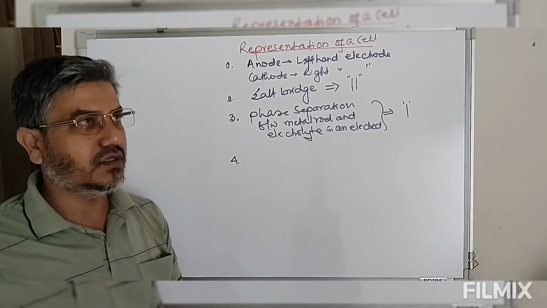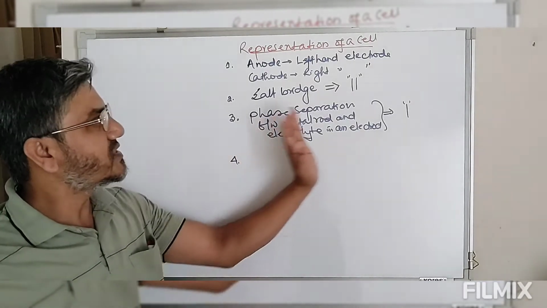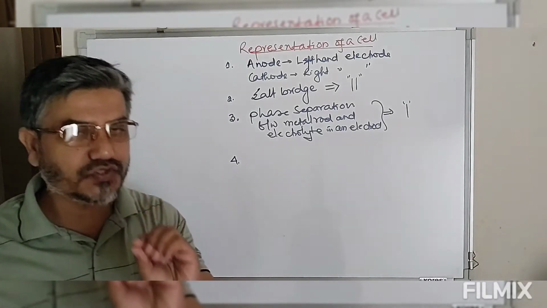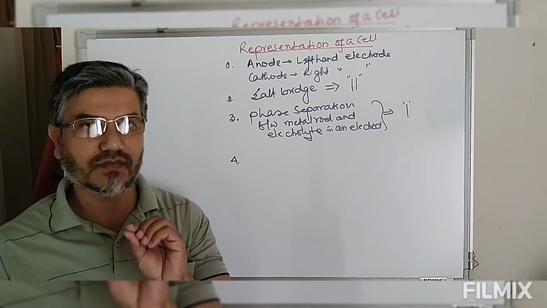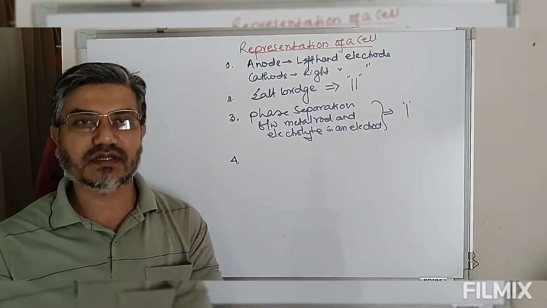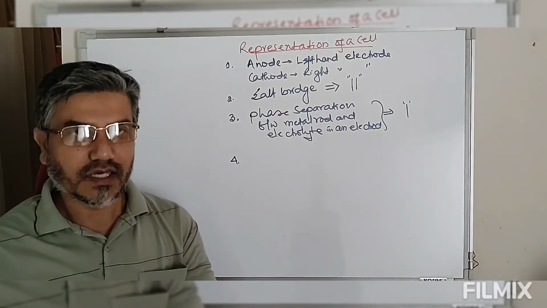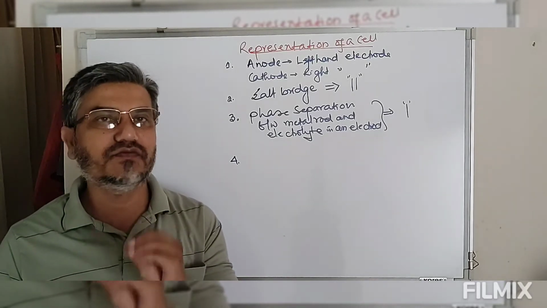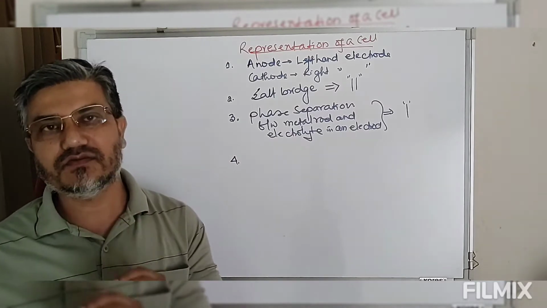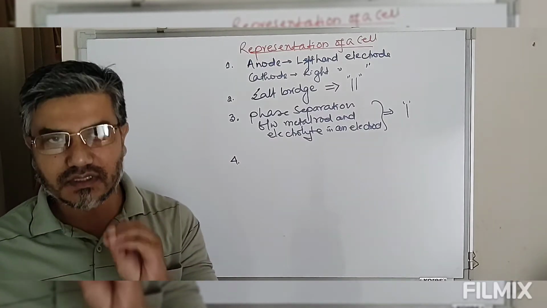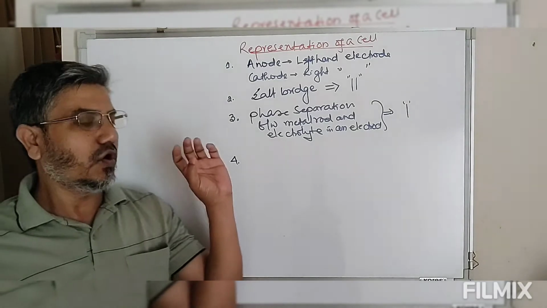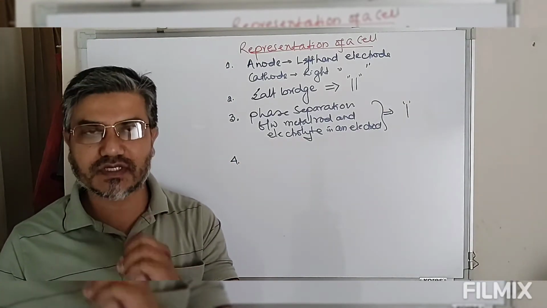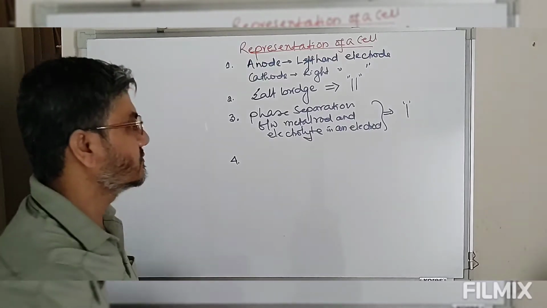Then look at this. While representing a cell, the aqueous solution contains a salt of a metal ion. If we have a metal ion, the concentration of this metal ion should always be written in brackets. Or if we have a certain gas, then the partial pressure of the gas should also be written.